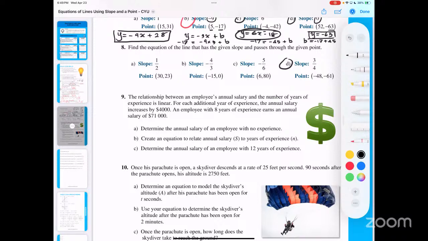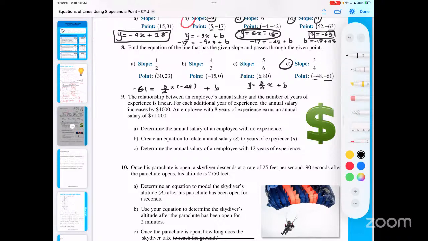Okay. Now, your main problem is you don't know how to solve for equations, right? So y equals mx plus b, with m as 3 over 4. We know this point is on the line, so we say negative 61 equals 3 over 4 times negative 48 plus b.